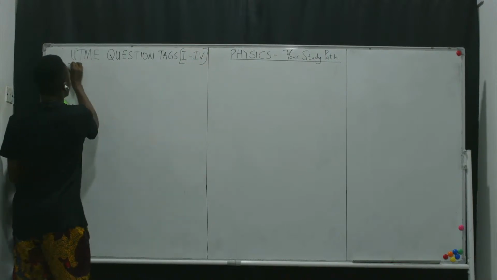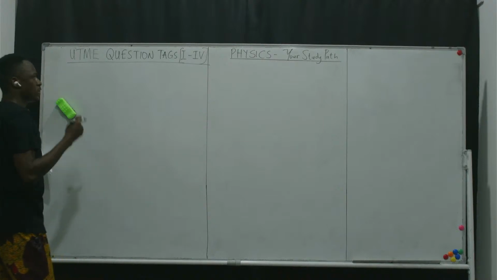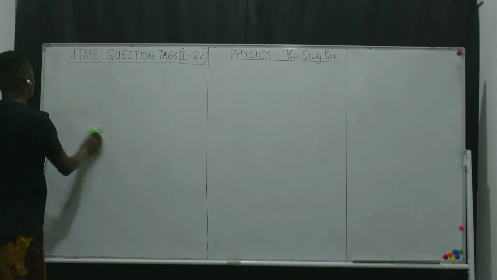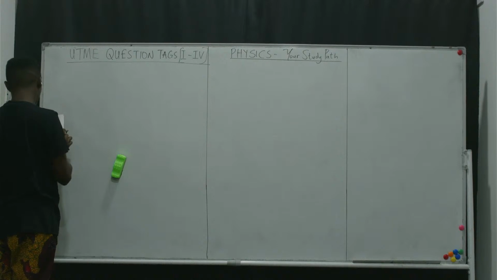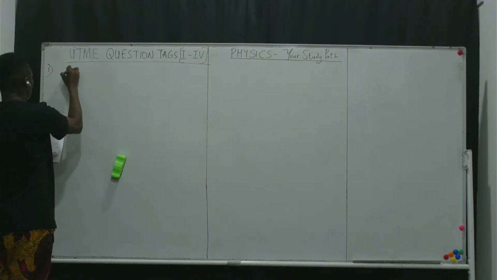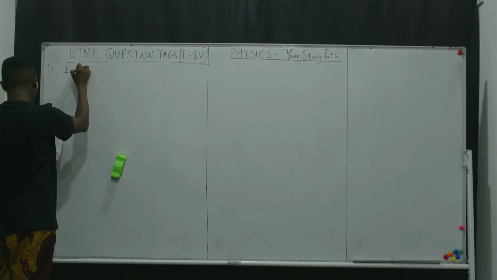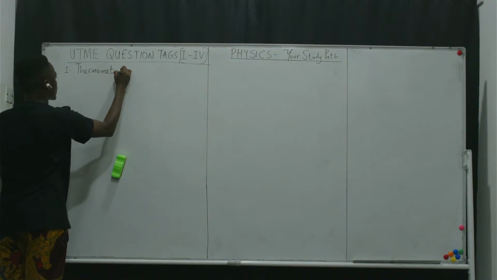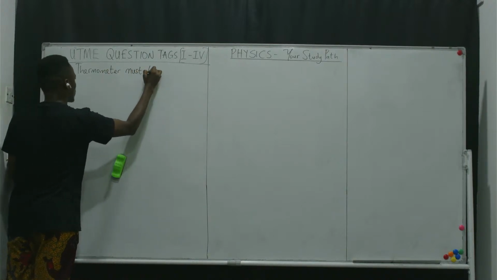So we are looking at UTME questions that have options I to IV, from which you select the correct answer. Number one for the day. I says the thermometer must be vertical.